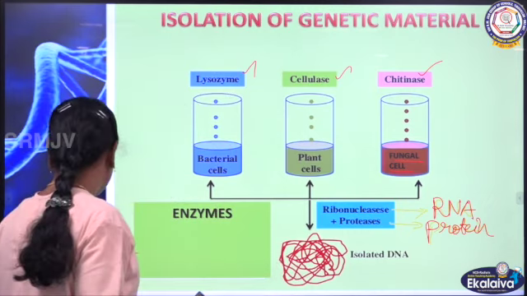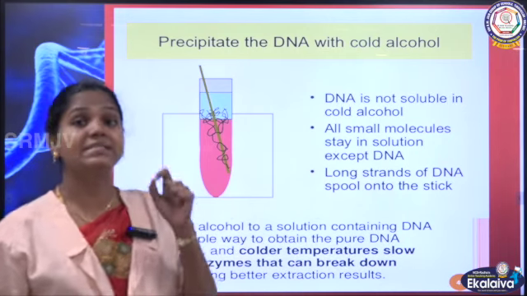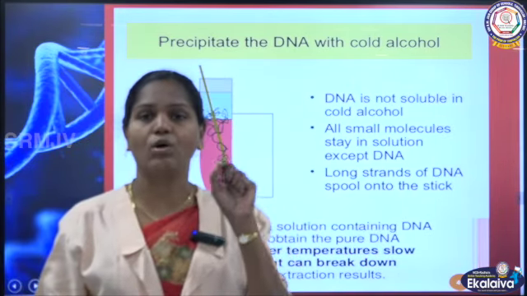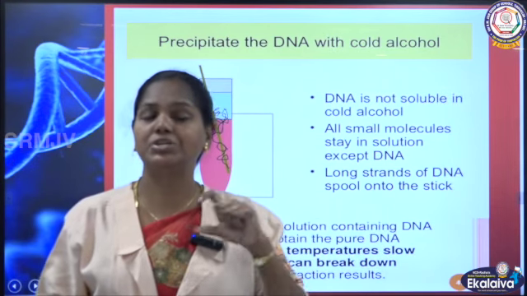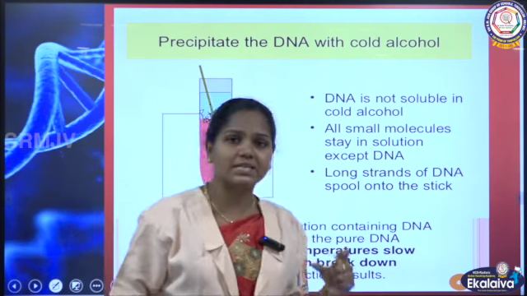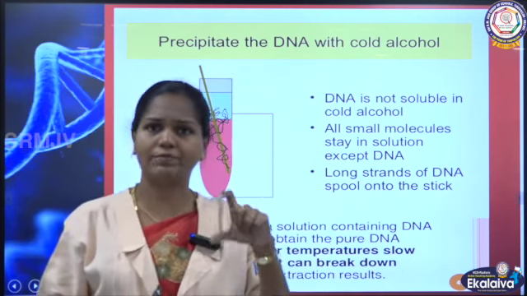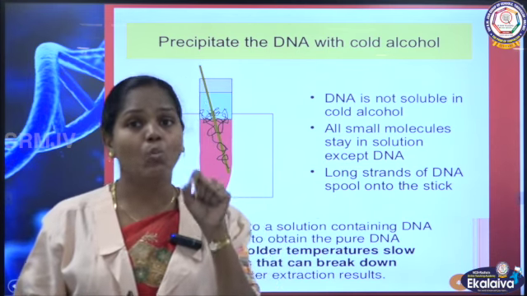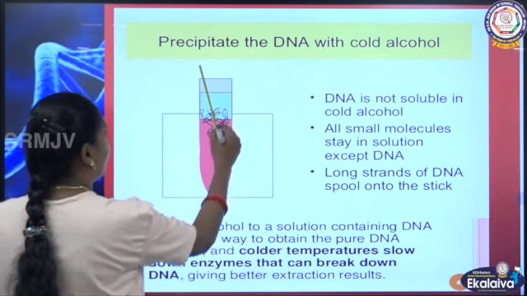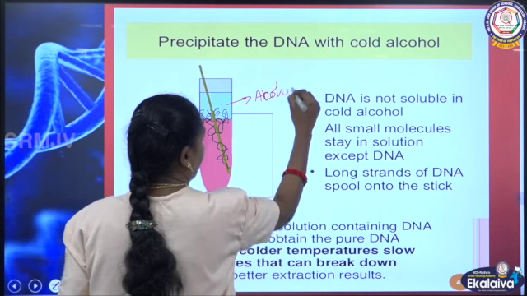You take that sample, collect only that extract, and along with it you add chilled ethanol, alcohol. You know alcohol is a less dense liquid than water. For the extract we are making, I told you to add warm water. When you add this alcohol, it floats on the surface like this.